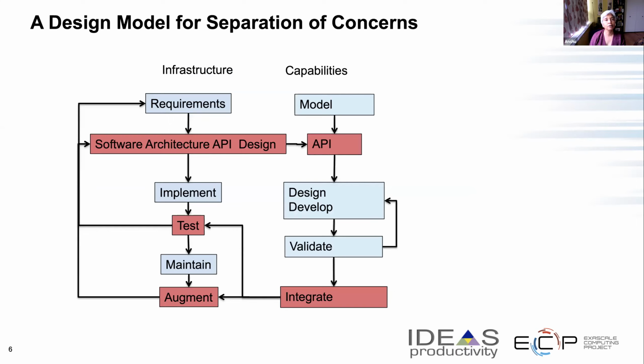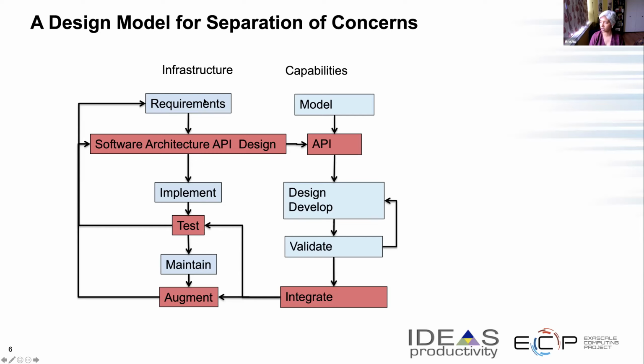So a model for achieving separation of concerns is captured by this schematic. Here we have two different flow graphs that interact with one another in a few defined spaces. For the infrastructure, the life cycle or flow graph is that you collect requirements.